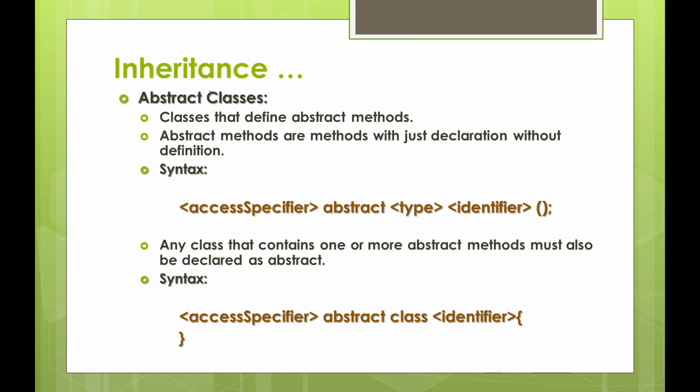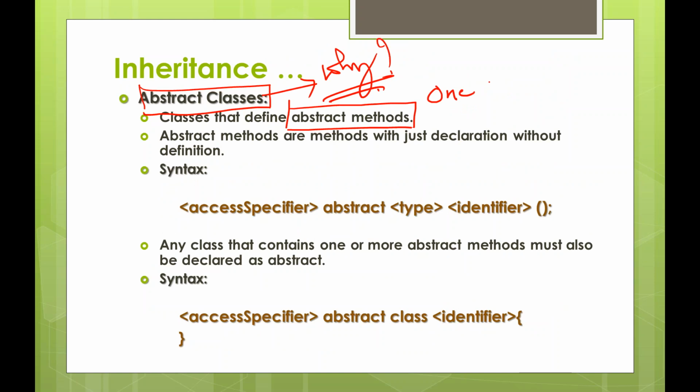Okay, so let us start with abstract classes. What are abstract classes and why? Abstract classes are nothing but a class that has at least one abstract method, one or more abstract methods.